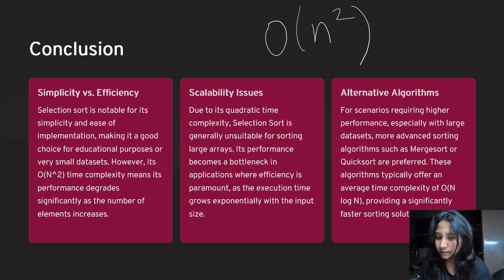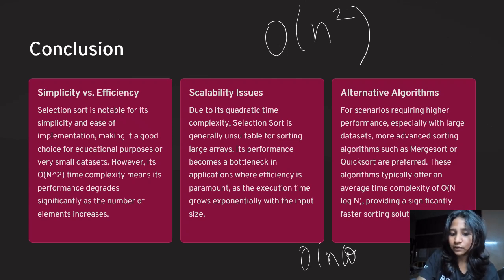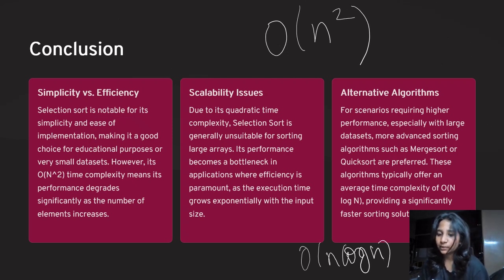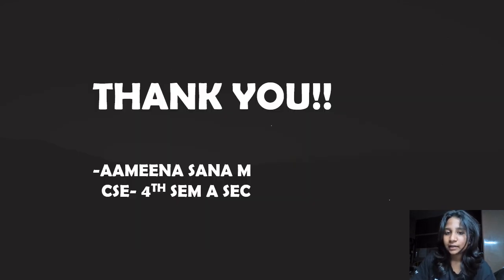They are alternative sorting techniques, but they are very efficient for sorting larger data sets because the time complexity is big O of n log n, which is much smaller than n squared, obviously. So it doesn't take that much time to sort.